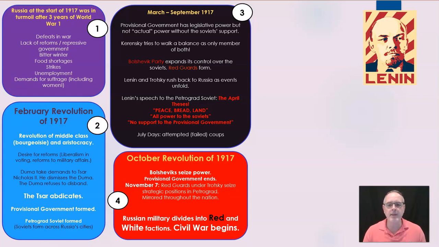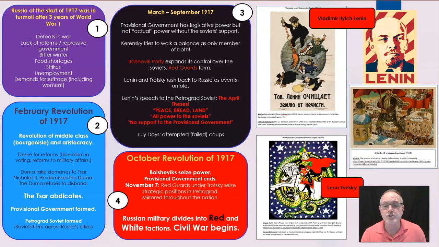So that background there will help us to really understand sources such as these. The very famous Comrade Lenin cleanses the filth of the world, with Lenin at the top in his workers' cap and a red broom of revolution sweeping away the monarchs of the world. It's international, the bourgeoisie, and the church. We also have images such as Trotsky slaying the counter-revolutionary dragon.